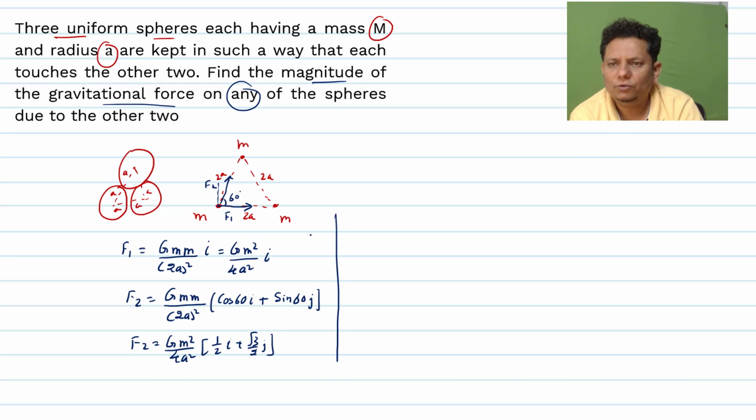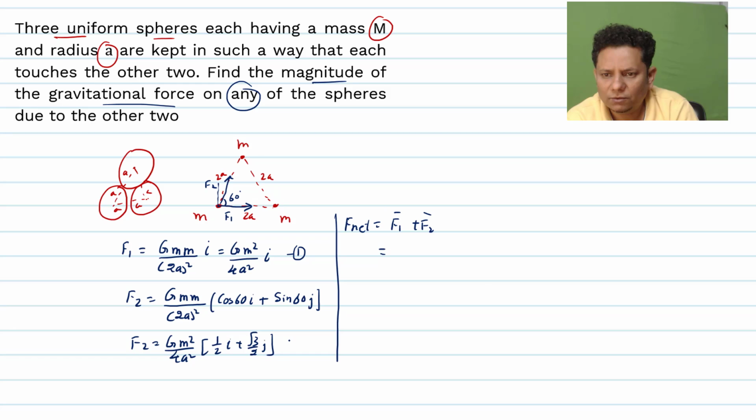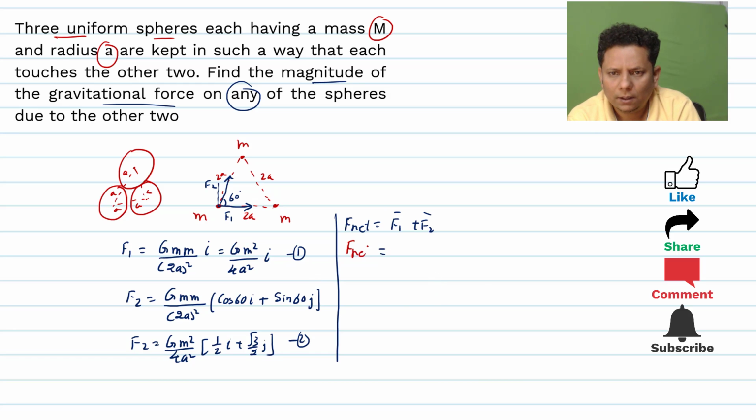Now we want to find the magnitude. So F net will be equal to F1 plus F2 in vector form. This is my equation number 1, this is my equation number 2. Now if we add these two, we will get F net.